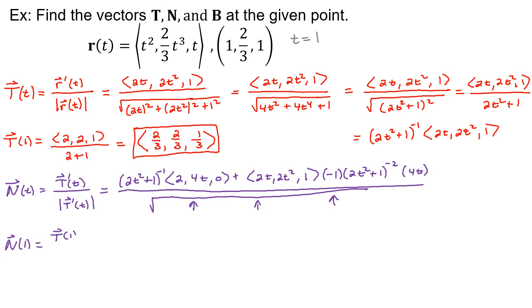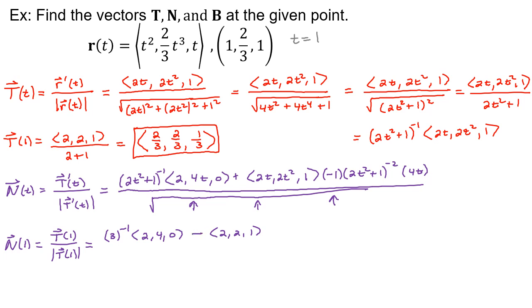So if I plug 1 into that top part, I'll get 2 times 1 squared plus 1. That is 3, times the vector <2, 4, 0>. Then I'll have the vector <2, 2, 1>. That minus 1 could make this positive in front, a negative.